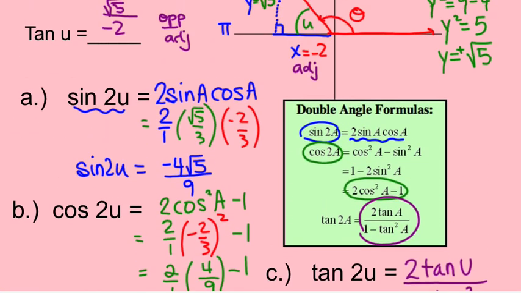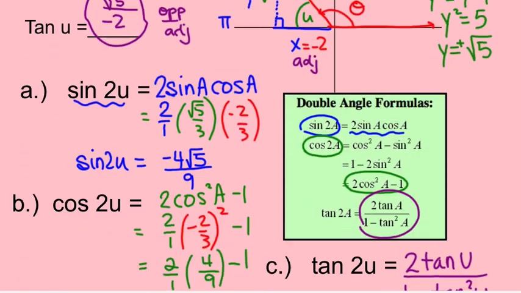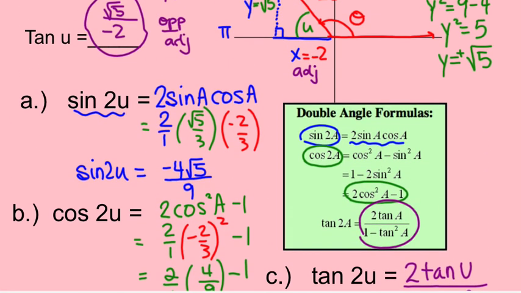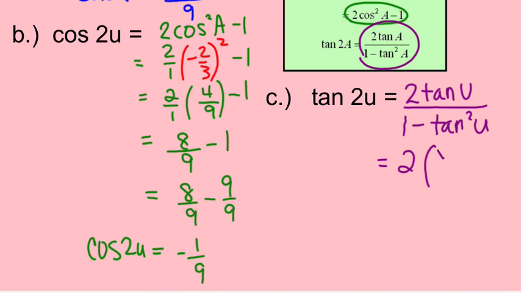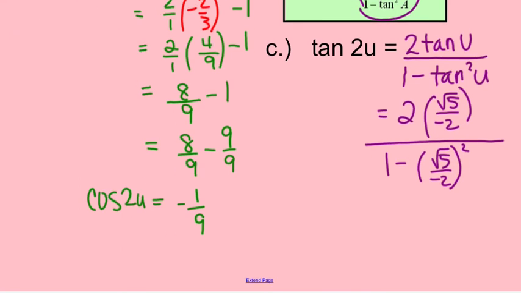So let's head up to our things that we found, and we're going to use this number right here, square root of 5 over negative 2. So we're substituting in the tangent into that equation.